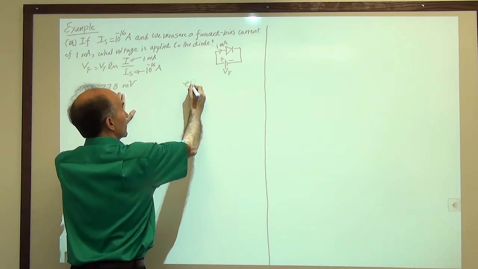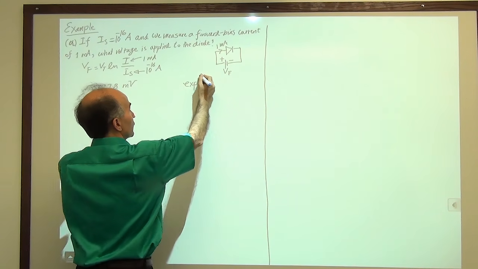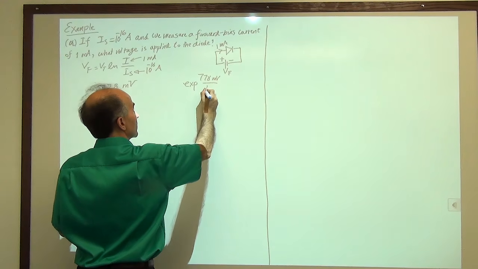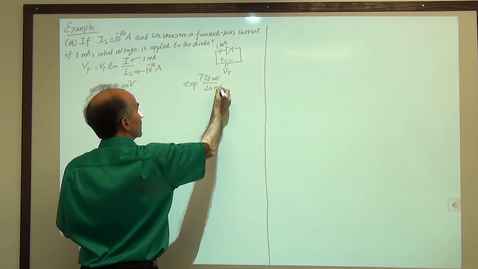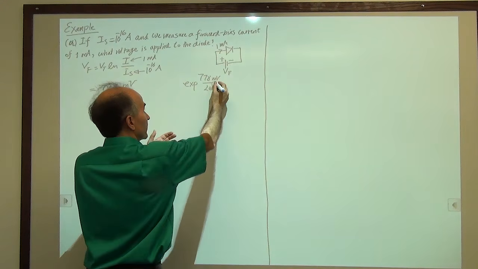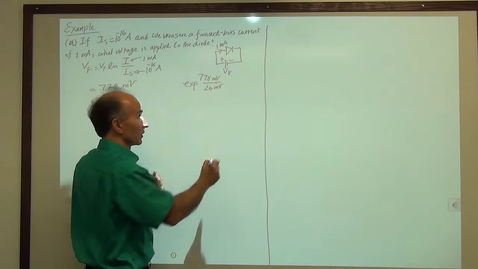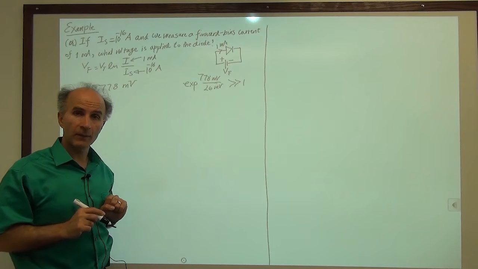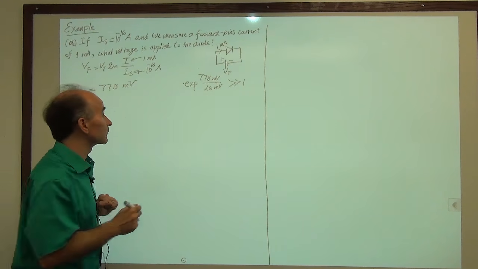Remember that? So we have this term here, exponential of 778 millivolts divided by 26 millivolts. And you're welcome to calculate this. You see that this is gigantic. So it's much greater than 1. So it's a safe approximation that we have made.